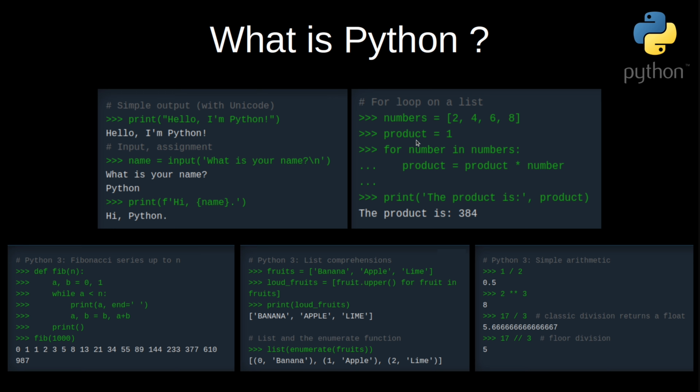And down below we have the product variable being assigned the numeral 1. Just as an example of a loop, we have a for structure, and the in keyword here will make this temporal variable, this local variable that we called number, but we could call it any other name.